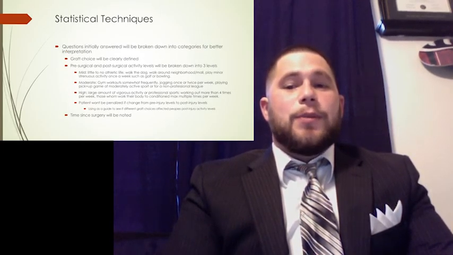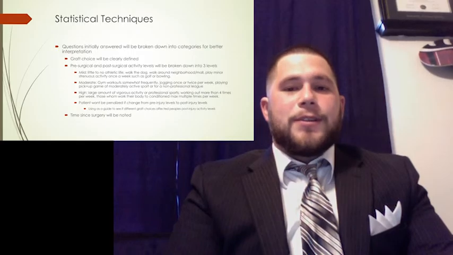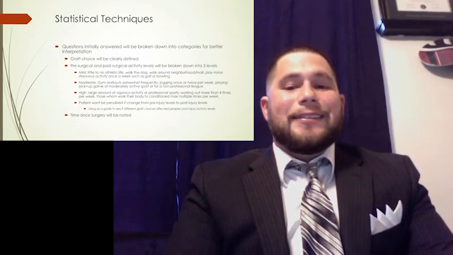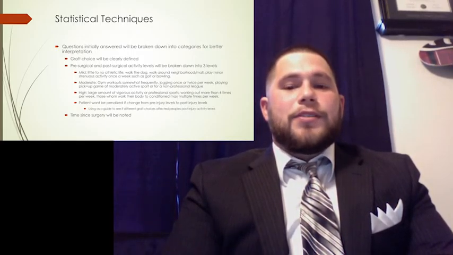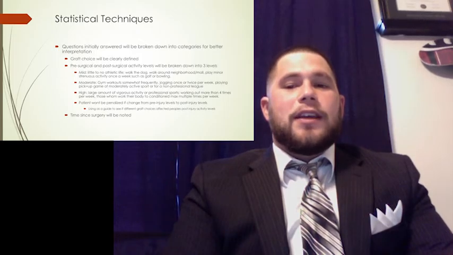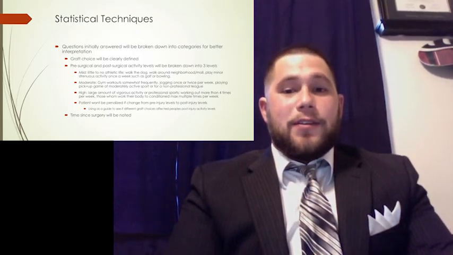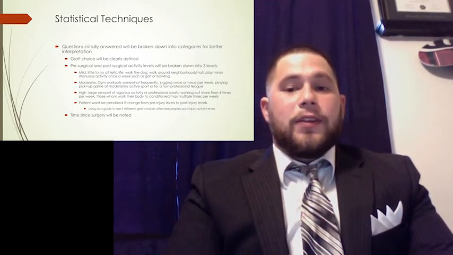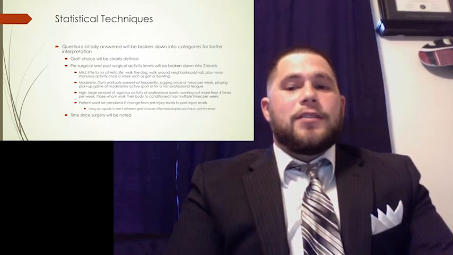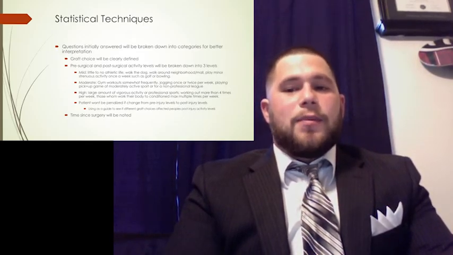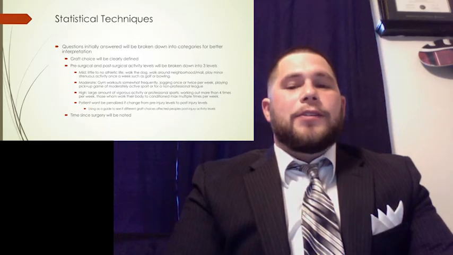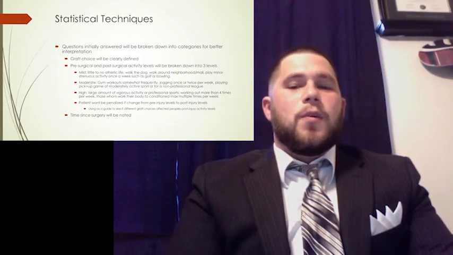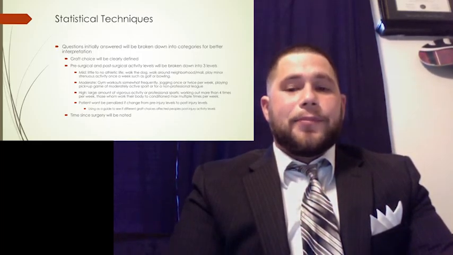My statistical techniques. Questions initially answered will be broken down into categories for better interpretation. Graft choice will be clearly defined, and pre-surgical and post-surgical activity levels will be broken down into 3 levels. Mild, with little to no athletic life, such as walking the dog, walking around the neighborhood or mall, or playing mild, strenuous activity once a week, such as golfing or bowling.